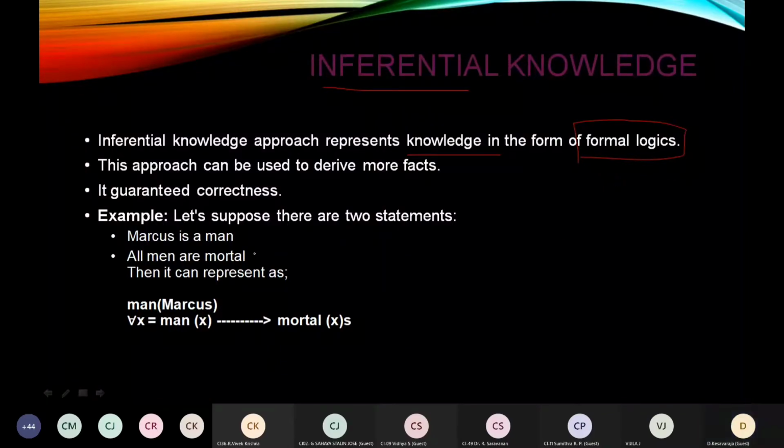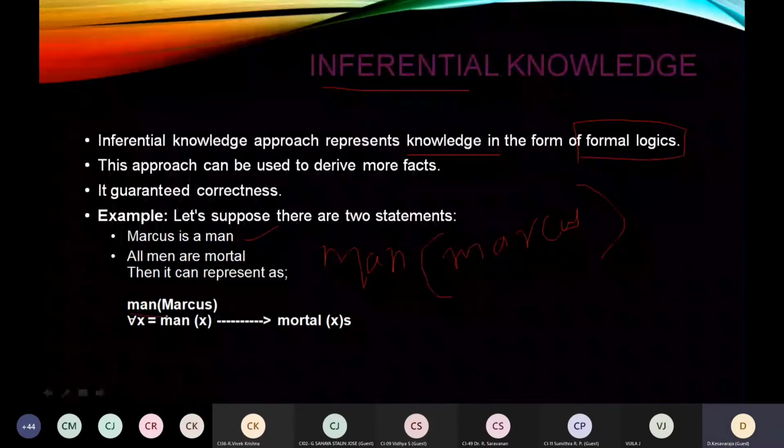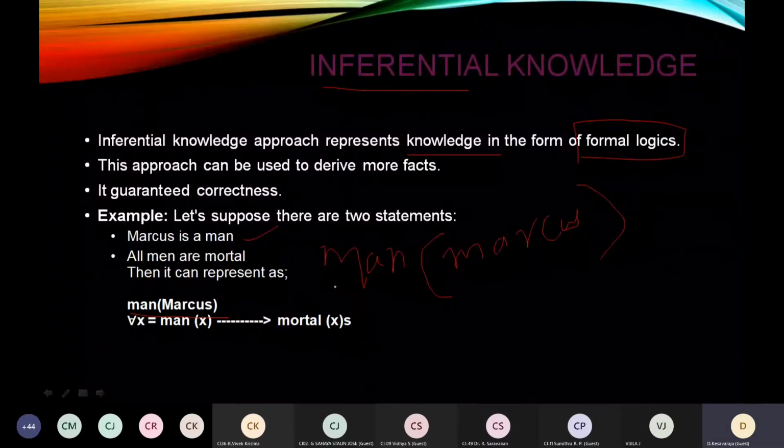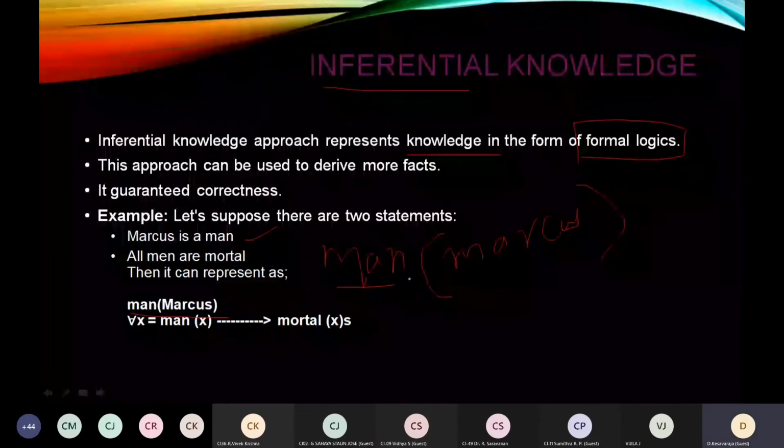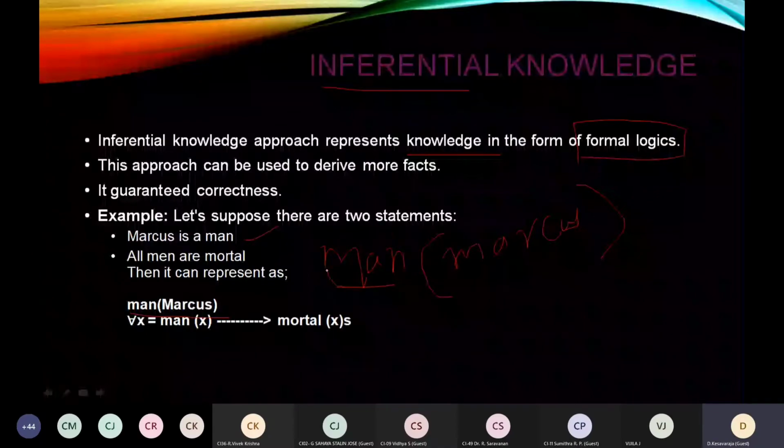For example, Marcus is a man. So this can be represented as man of Marcus. A man is an object, so you can easily represent an object.